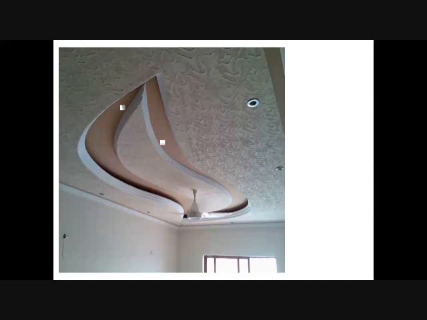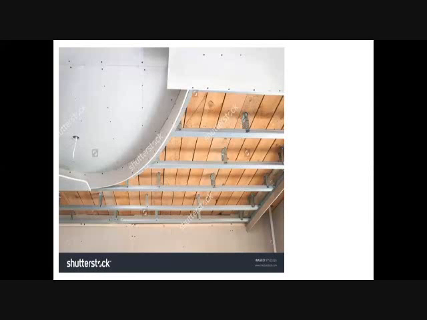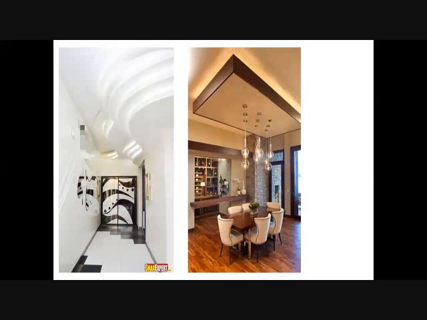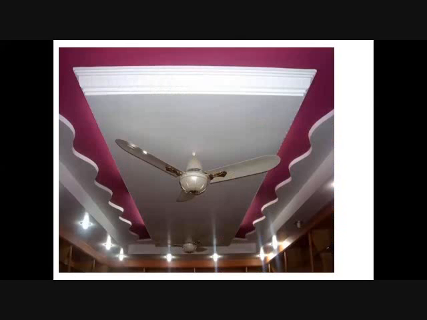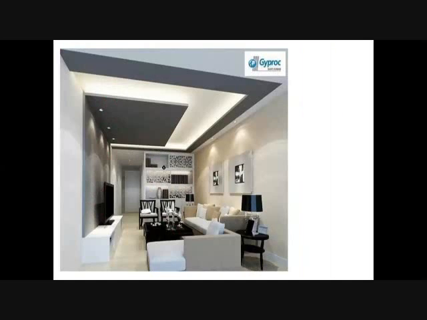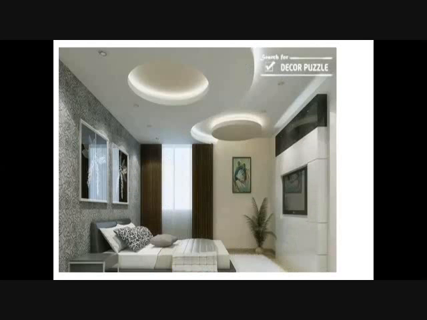So it does not limit you. It's a technical issue that you need to resolve to get what you want in the ceiling design. So you can have different levels, different types of lighting, depending on the room use.